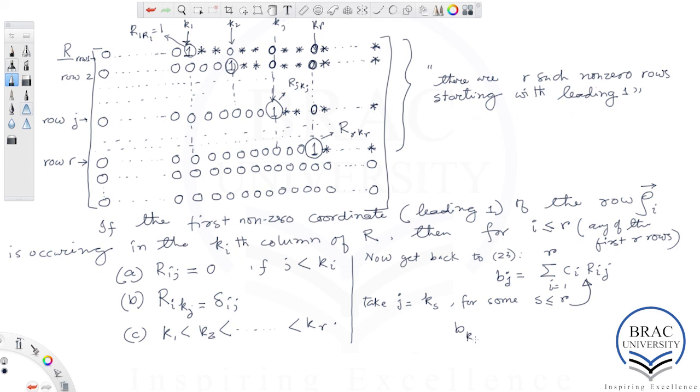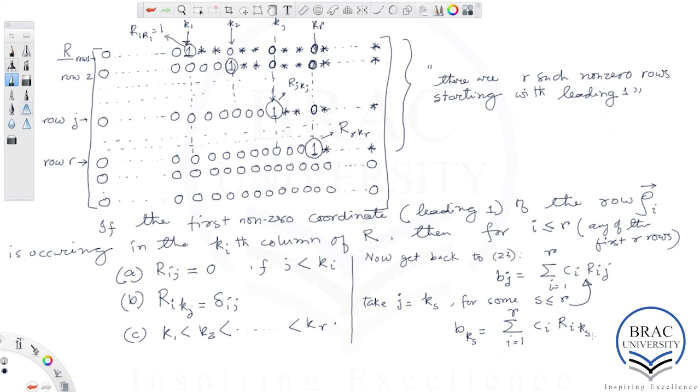So B sub K sub s is equal to the sum running over all i's, i running from 1 to r, of Ci Ri, where j is K sub s.